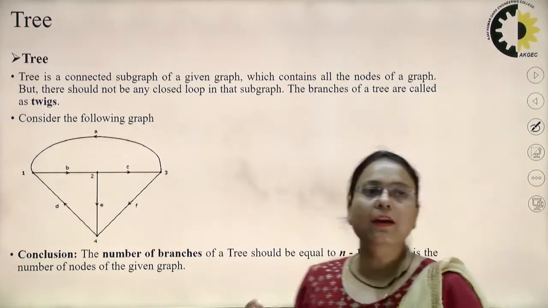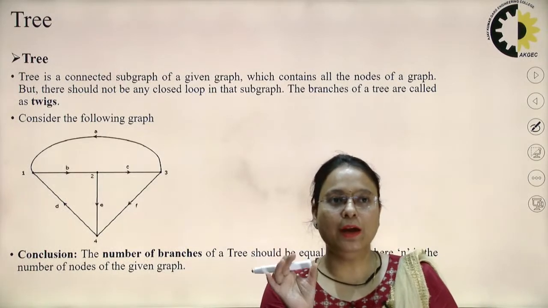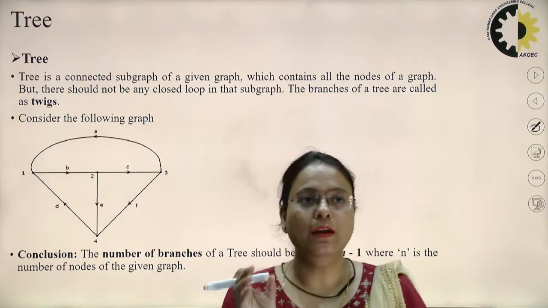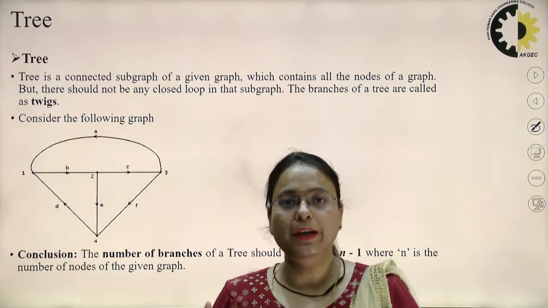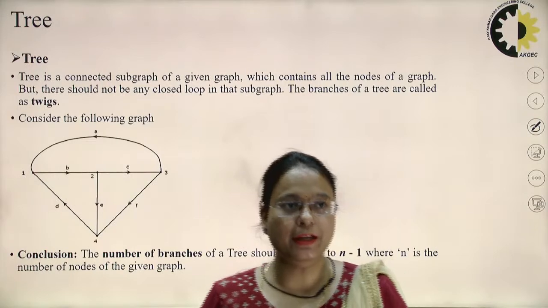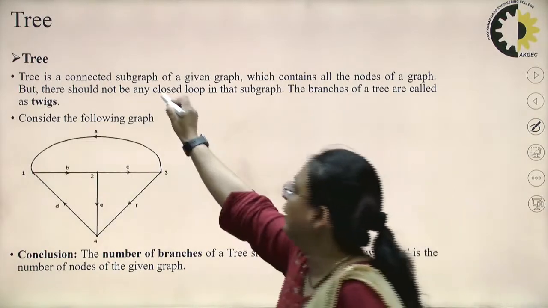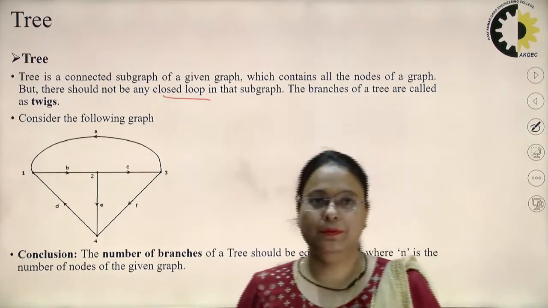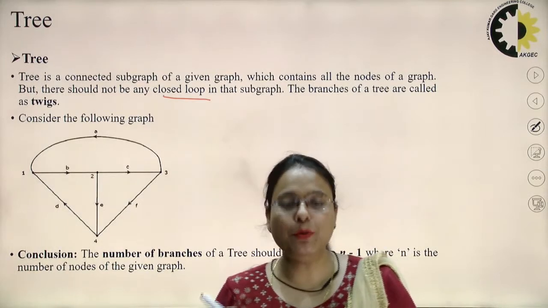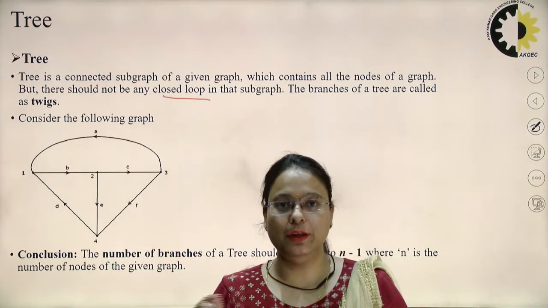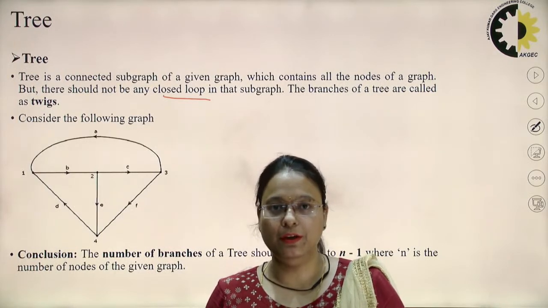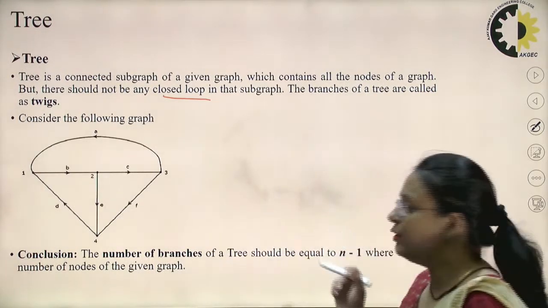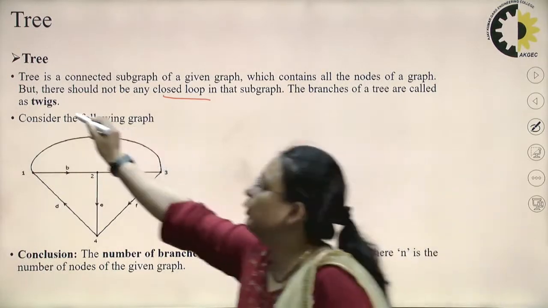A tree is a connected subgraph of a given graph, and a tree will contain all the nodes of the graph, right, but there should not be any closed loop in the tree. This is the main property of a tree that we should keep in mind, that there should not be any closed loop while we are taking a tree. The branches of the tree are called twigs.